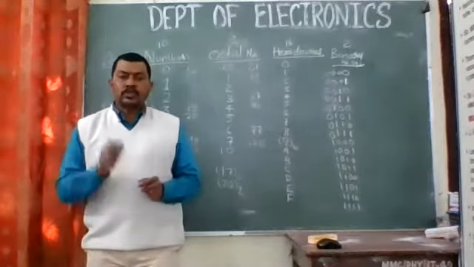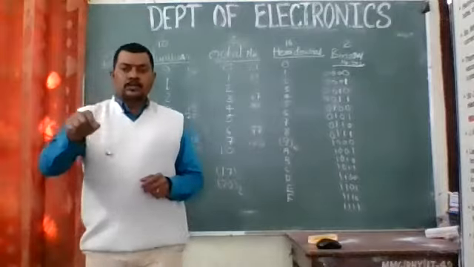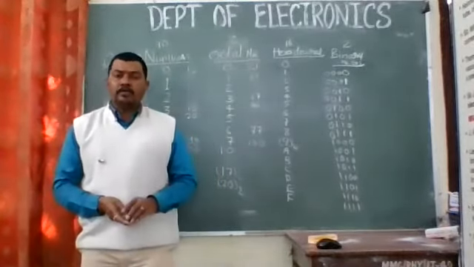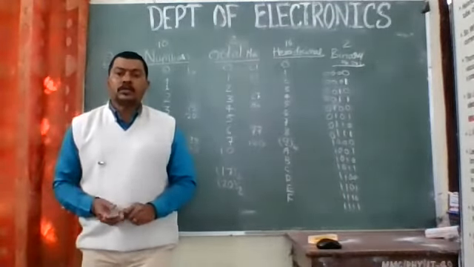So that I come to know with your name that this is the assignment from this student. If you have any problems, put them on the group itself so that we can resolve them in tomorrow's class.